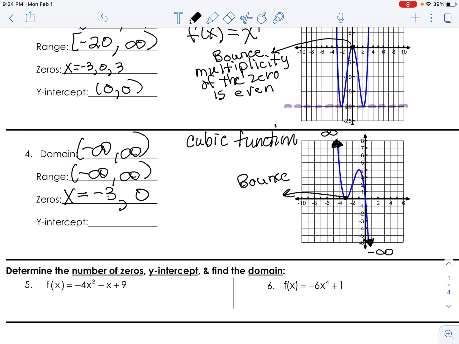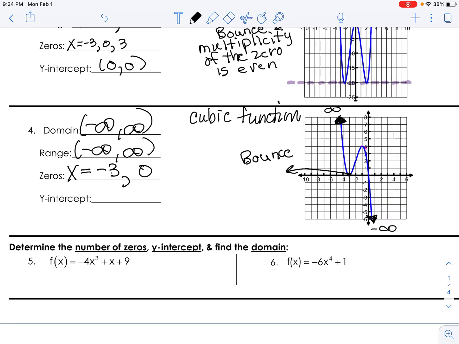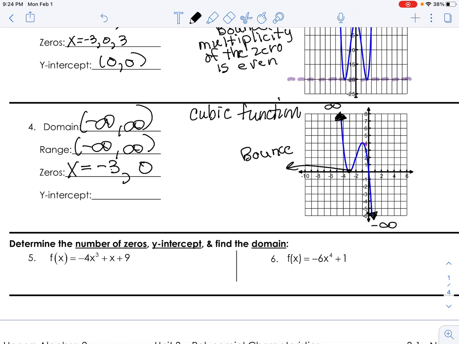So if I were to write out the equation of this polynomial, that 0, x equals -3, will turn into a factor of x plus 3. But because there's a bounce there, it'll be x plus 3 and another x plus 3. Again, we will discuss it more in future topics. Y-intercept, again, 0, 0. That was a commonality a lot here.